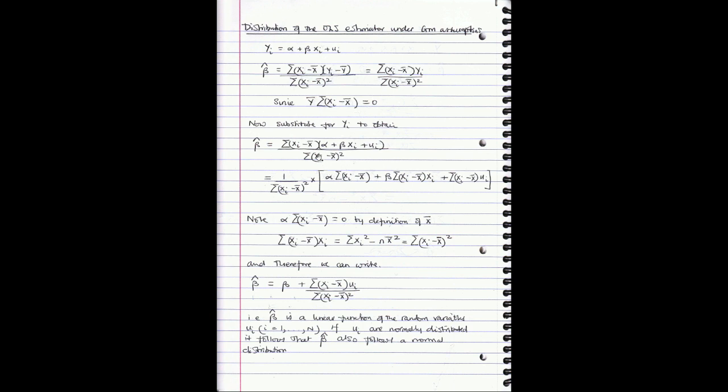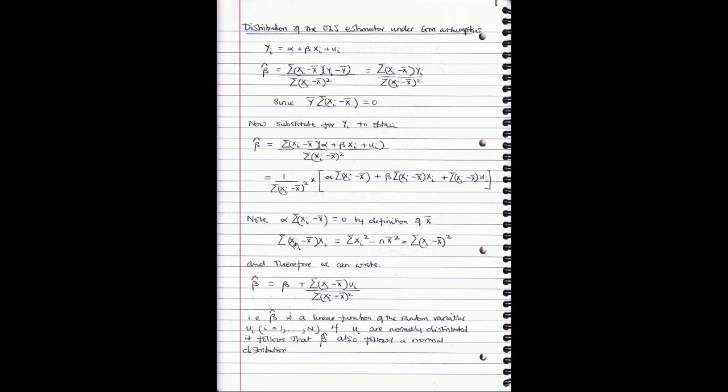Again, let me expand that numerator, and you see that we've got the terms alpha times the sum of (xi minus x bar), plus beta times the sum of (xi minus x bar) xi, plus the sum of (xi minus x bar) ui. Now the first of those terms drops out immediately, because alpha is multiplied by the sum of (xi minus x bar), which must equal 0, again by definition of the mean of x.